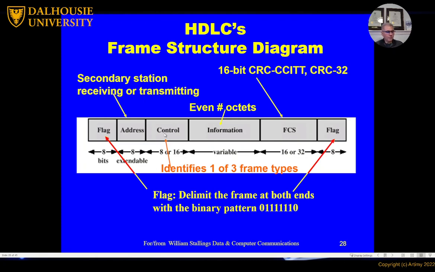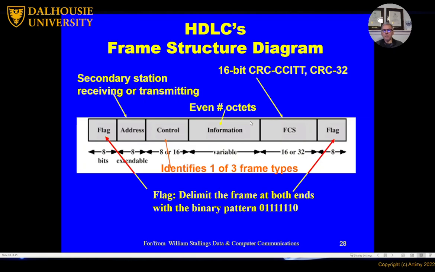We have the control field, we have the information field where the actual data goes, and then we have the FCS, frame checksum, and it uses the 16-bit CRC CCITT, or the CRC32, so it can be either 16-bit or 32-bit, and ends with a flag, also 0610, right?